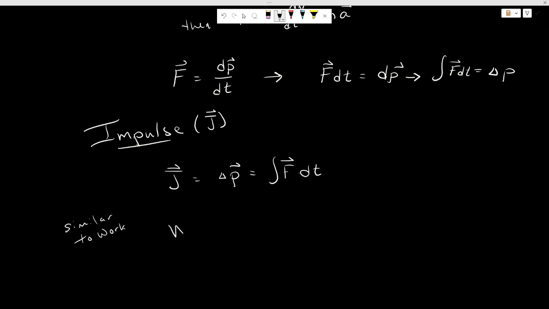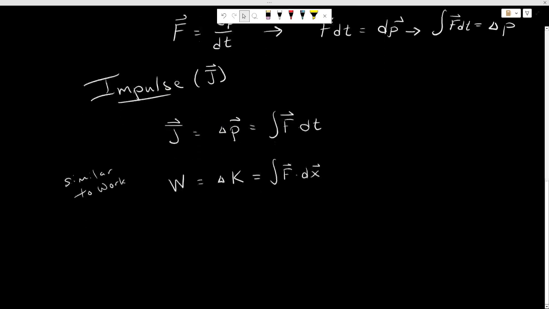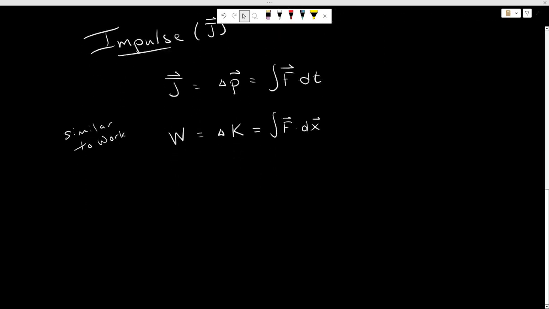Where we get W is equal to delta K, or the change in kinetic energy, is equal to the integral of F dot dx. So we use impulse exactly the same way.